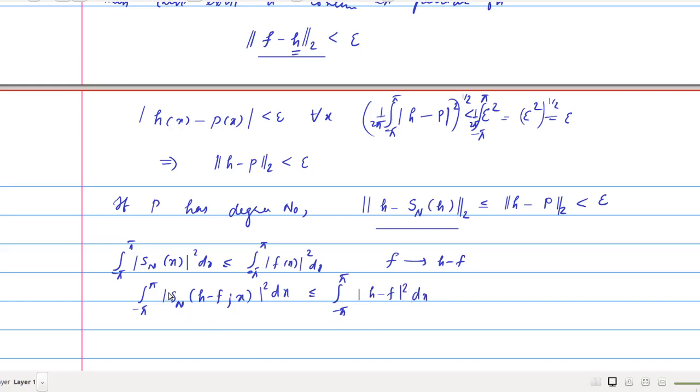Then Sn of h minus f can be written as Sn of h minus Sn of f.